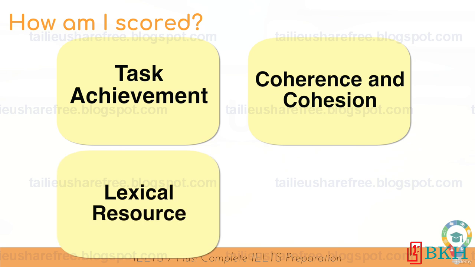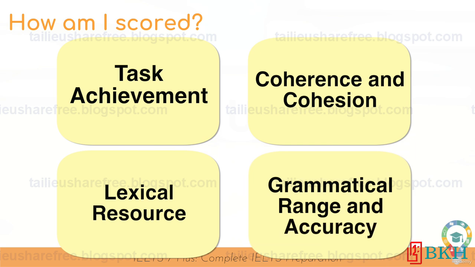As I'm sure you will remember, lexical resource measures how well you use vocabulary. And finally, grammatical range and accuracy measures how well you use a range of sentence structures and grammatical forms. I believe it's highly useful for you to understand these 4 assessment criteria, as you will know exactly what the examiner is looking for in your essay.